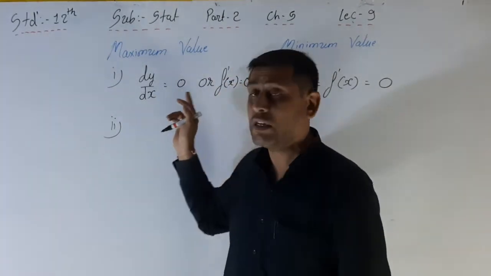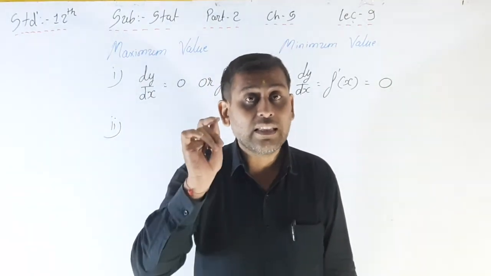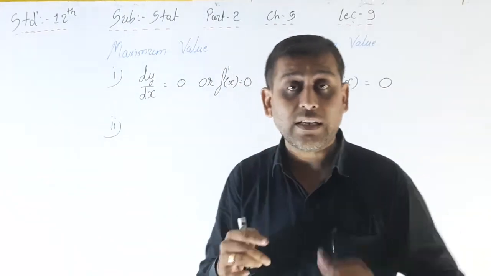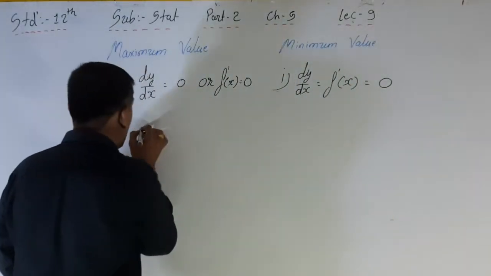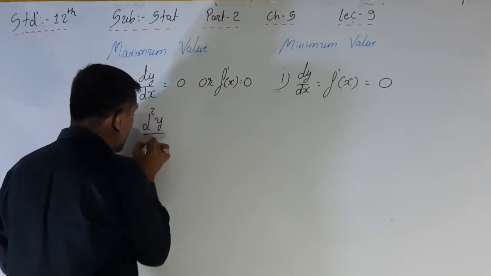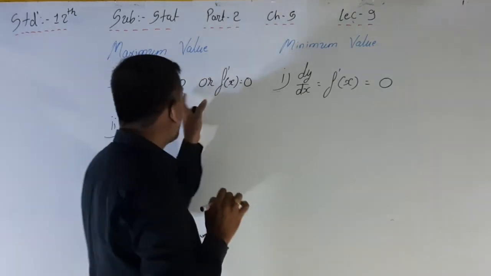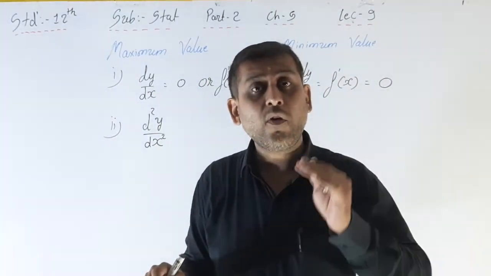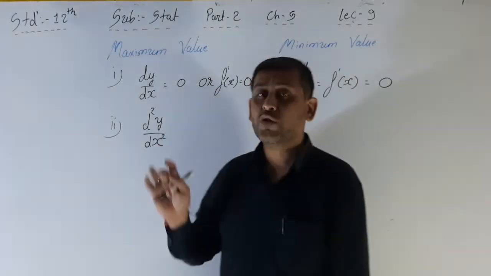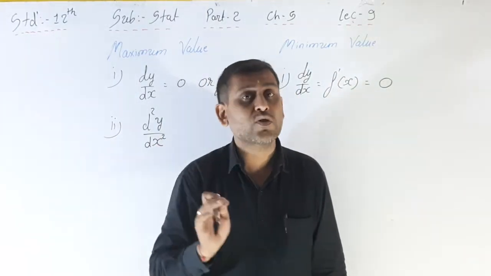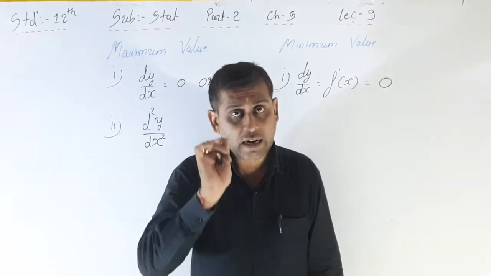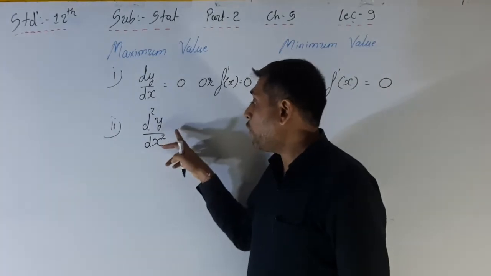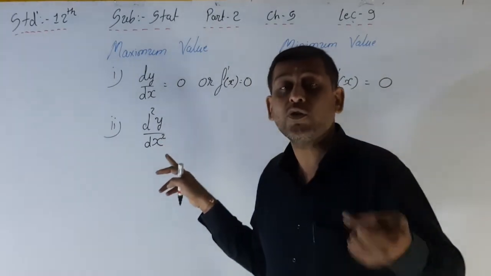That particular x value, at which the first derivative of the function is 0, we have to put into the second derivative, that is, the second order differentiation, d square y by dx square.